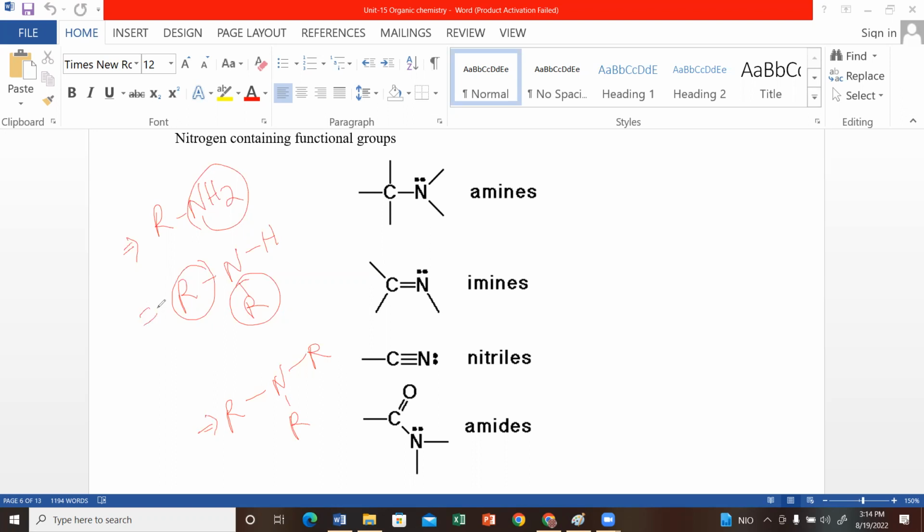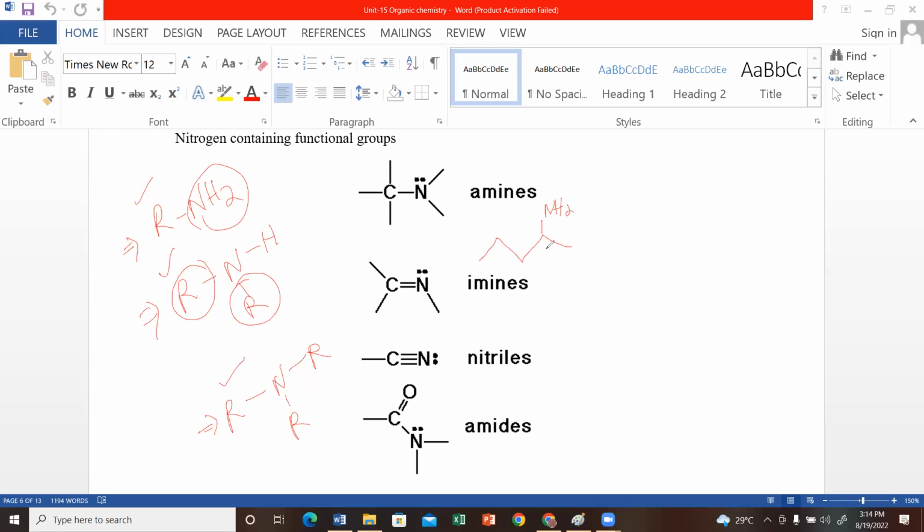So amino group is very simple, in which the long chain is connected with R. If the long chain is connected with NH2, it would be amino group. Primary amine, secondary amine, and tertiary amine. Let us do some working examples of these. If it is the long chain, and here I have NH2. Now, how would we identify?